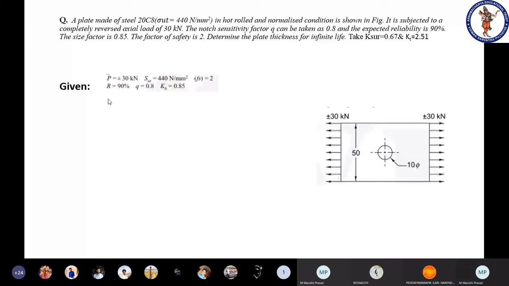It is subjected to a completely reversed axial load of 30 kilonewton.